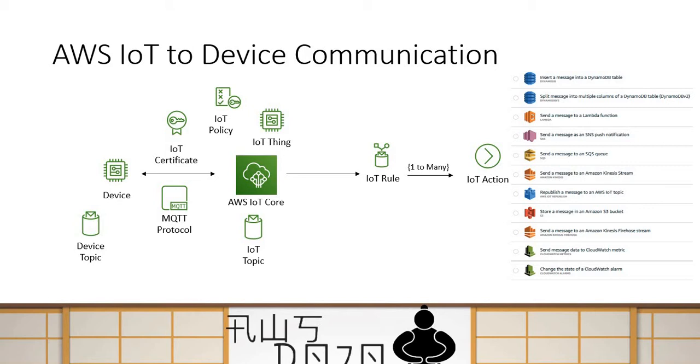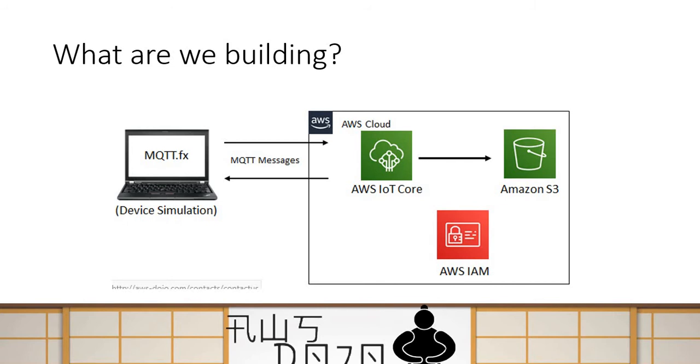Now, keeping this way of working in mind, we are going to implement a scenario in this tutorial through a workshop, and then we'll understand each part of this configuration. Since we don't have any physical device here, we are going to use an MQTT client as a device simulator.